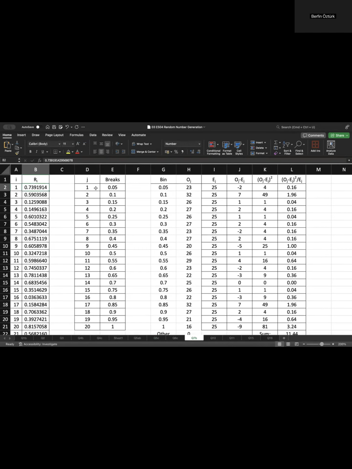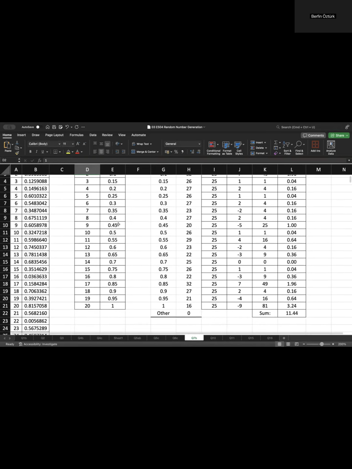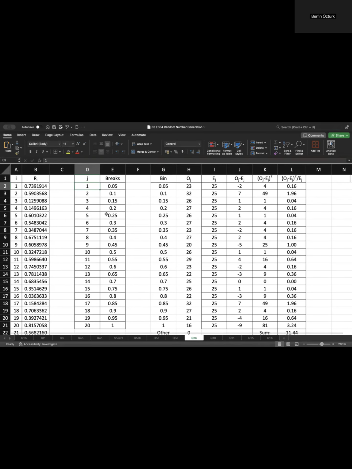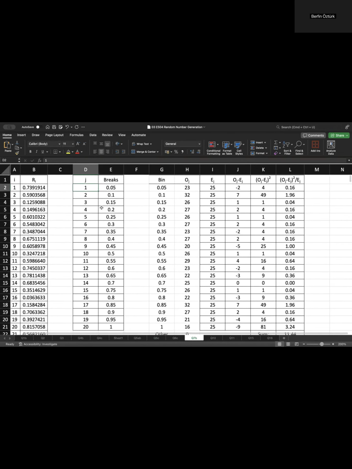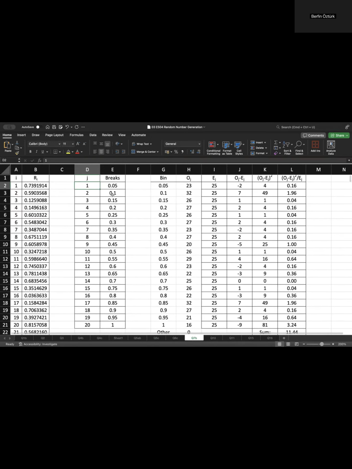Now, the question asks to implement the chi-square test and calculate the test statistic for n equals 20. Okay. Now, we have this j from 1 to 20 as the number of bins, because it's asked for n equals 20 in the question. Okay. Now, these are our breaks.